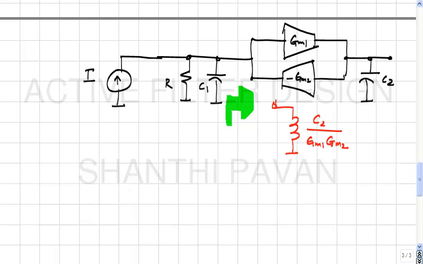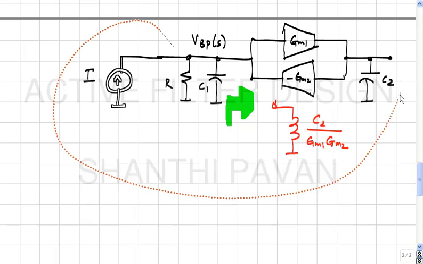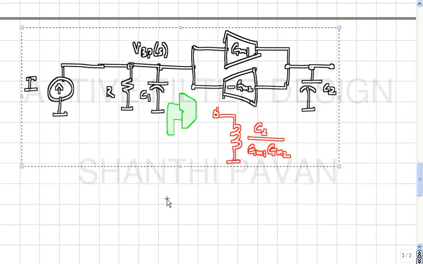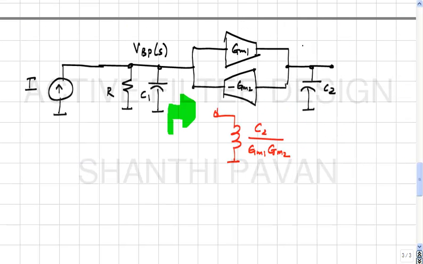If this was VBP of S, this was V, the low pass filtered version of S, which must be equal to VBP times GM1 by SC2.